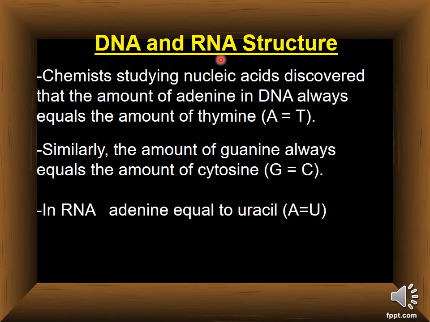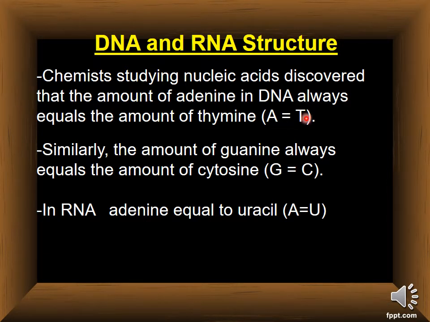Now, DNA and RNA structure. Chemists studying nucleic acids discovered that the amount of adenine in DNA is always equal to the amount of thymine. It means adenine is always connected with thymine: one strand has adenine, the other side thymine.